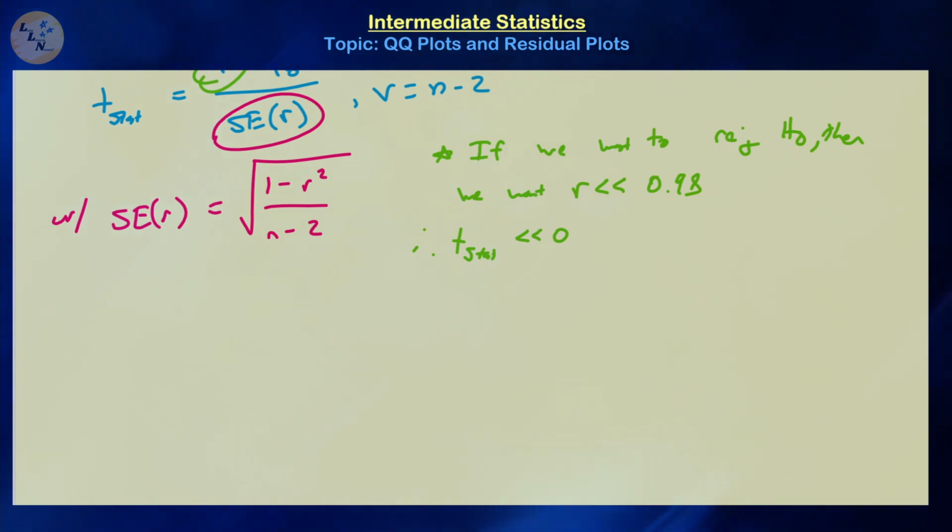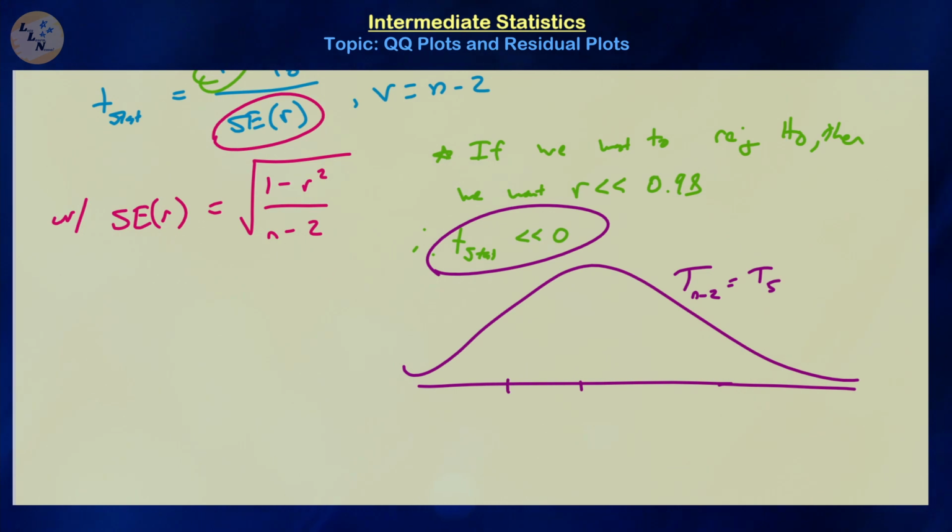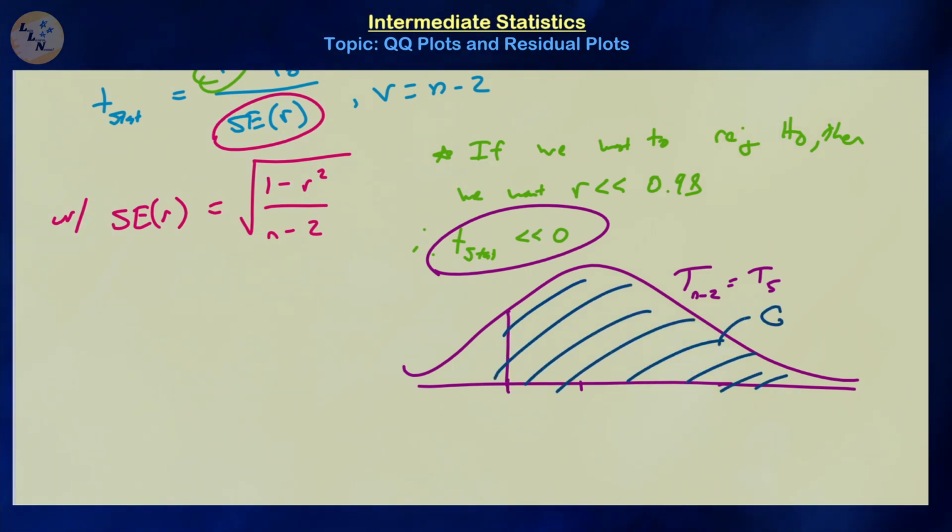So if we look at our t distribution, and remember this is a t distribution with n minus 2 degrees of freedom, so in that case this is going to be a t5 distribution. If we want a test statistic that is significantly negative, that means in terms of our one-sided hypothesis test, this is going to be our rejection region, right?